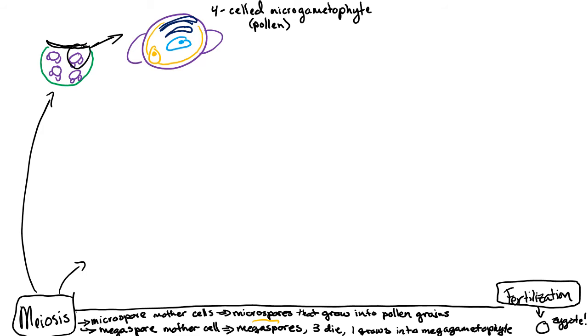Okay, so we drew our microgametophyte. Now we need to draw our megagametophyte. So we zoomed in on the last one, and we'll zoom in on this one too. So we have the megasporangium. And we had 4 megaspores get produced within that structure.